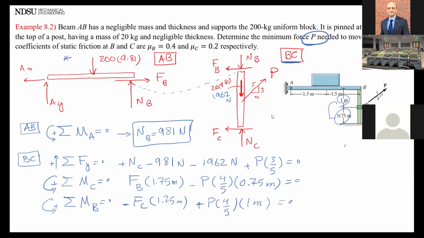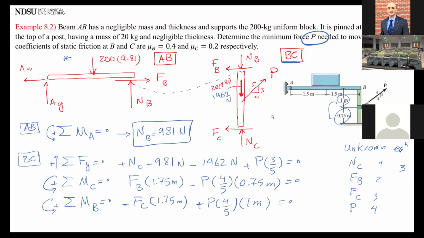Let's see how many unknowns do I have. NC, FB, FC, P. I have 1, 2, 3, 4. Number of equations, I have 3. Okay. If I write summation of forces in X direction, that's not going to help me. It's not going to provide any additional information. So now what?